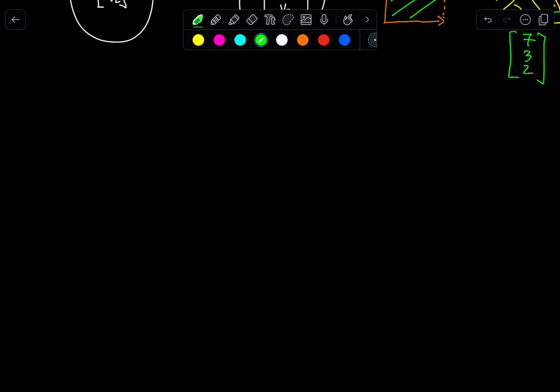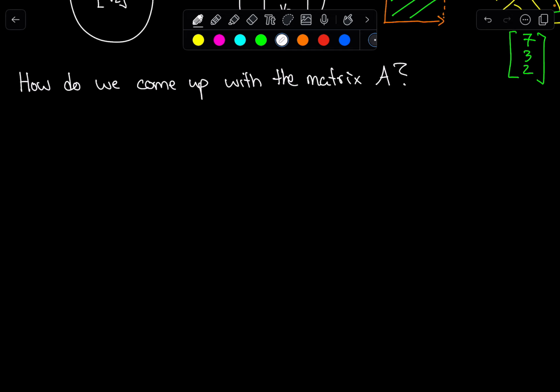Actually, before we go on to rotations, we're going to talk about something else, which is, okay, how do we come up with the matrix A? Because as of right now, I've simply been pulling it completely out of thin air.